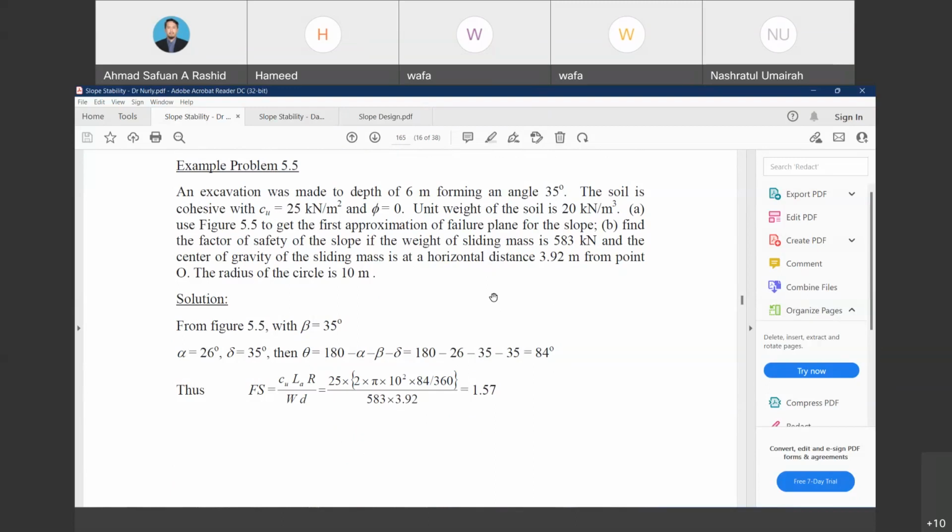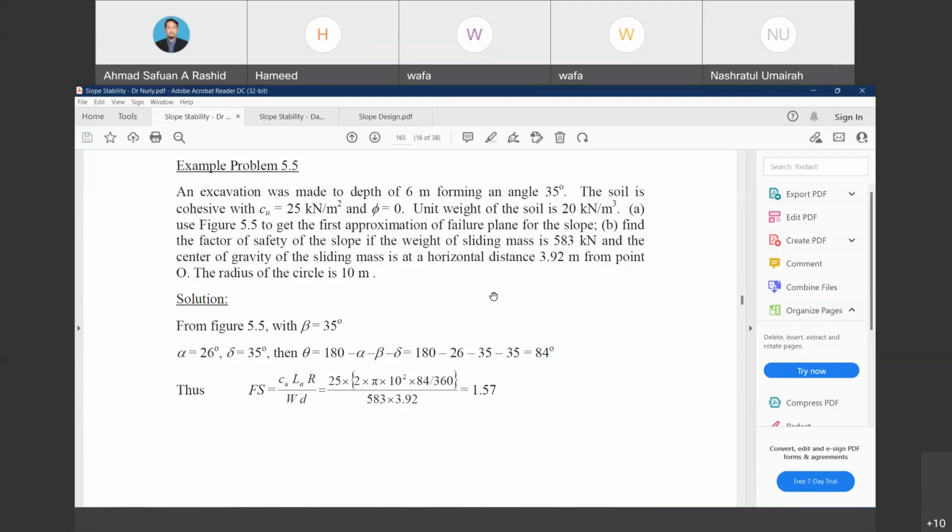An excavation was made to a depth of 6 meters, forming an angle of 35. The soil is cohesive with Cu equal to 25 and the phi is equal to 0. Unit weight of the soil is 20. First, use figure 5.5 to get the first approximation of the failure plane for the slope.